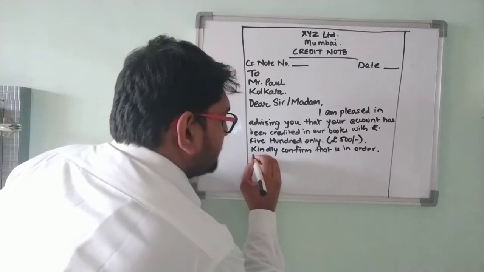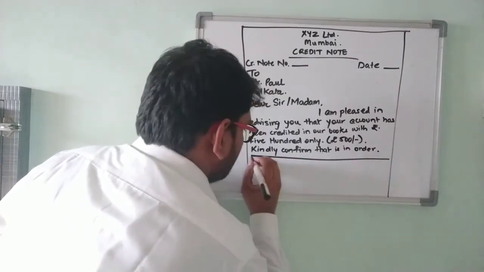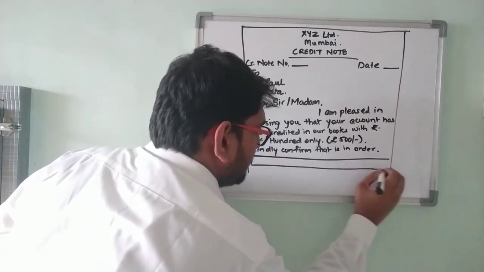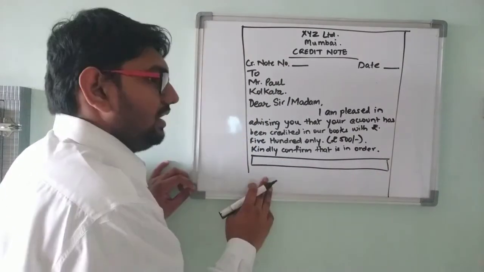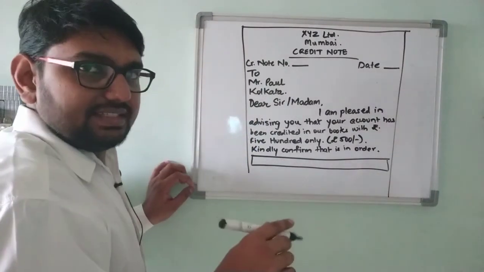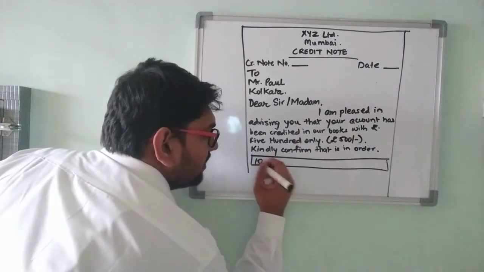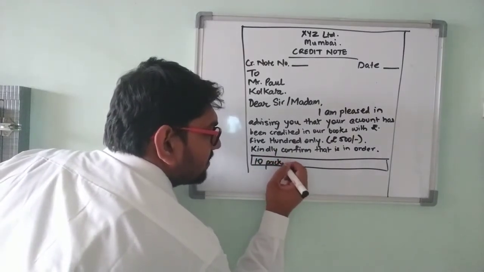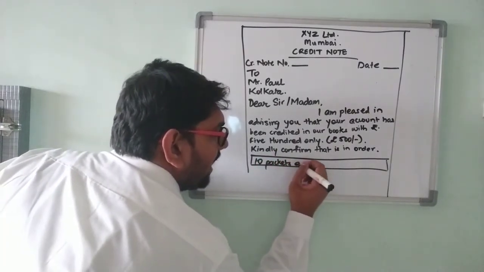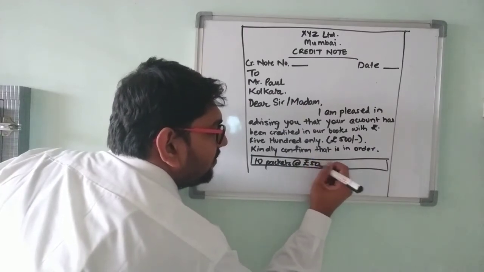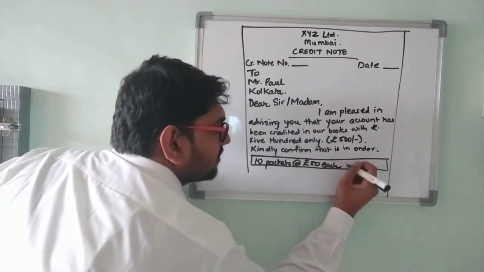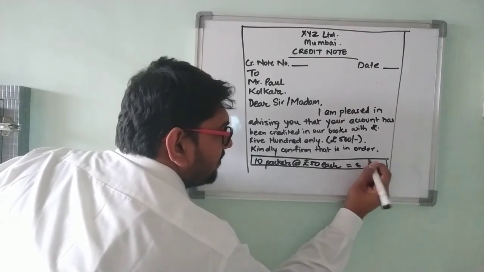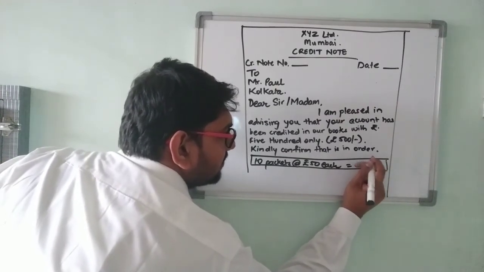So let us make a small box. Let us assume that 10 packets have been replaced. So 10 packets at the rate rupees 50 each, it will be 500 rupees 500.